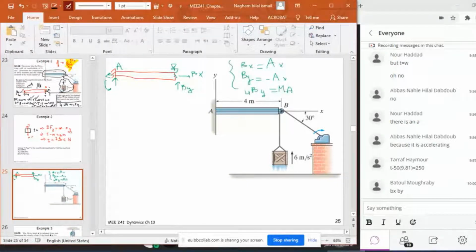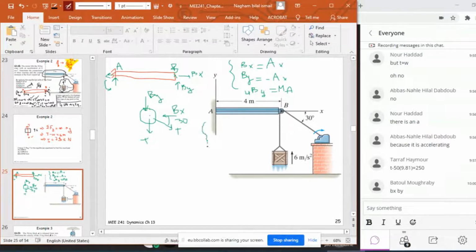Now, guys, in order to relate this B to the tension, I'm going to take the pulley, which is also in equilibrium. But don't forget to flip these reactions. So now this is Bx and this is By. All right? What are the other forces exerted on this pulley? I have this tension here, and I have this tension here, and don't forget that I have an angle of 30 degrees.